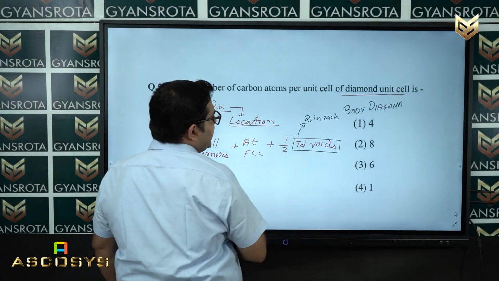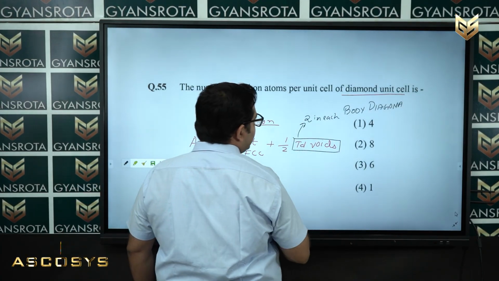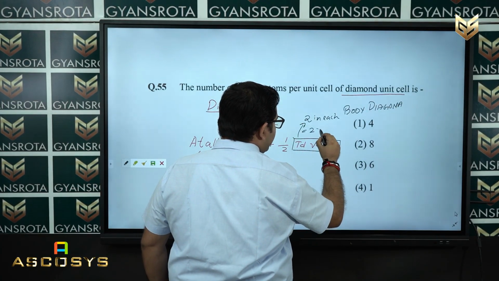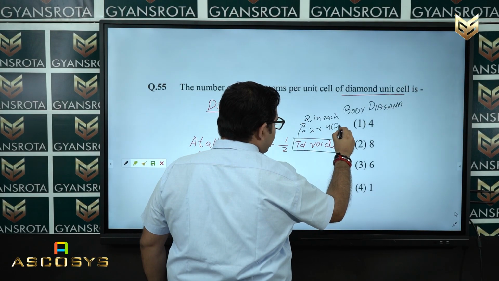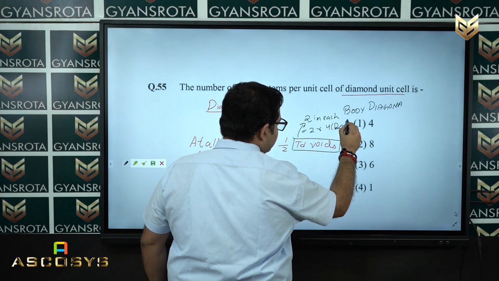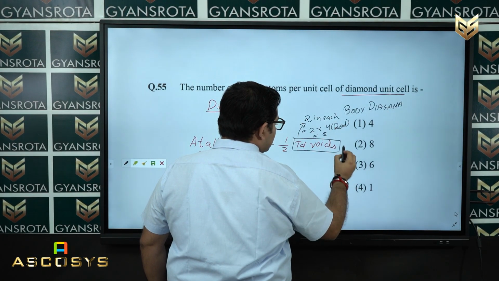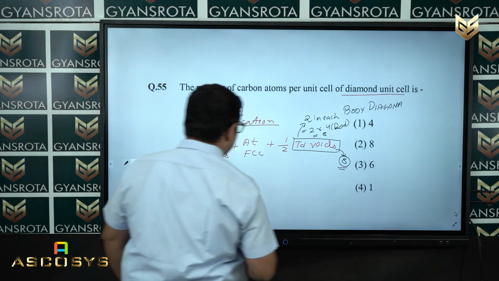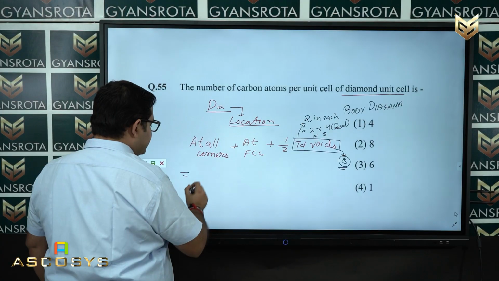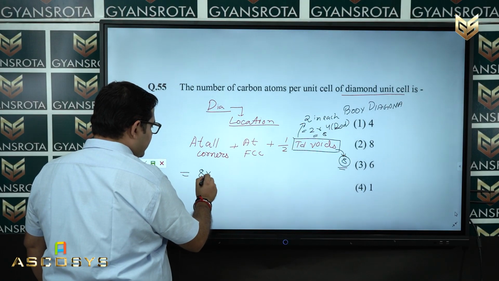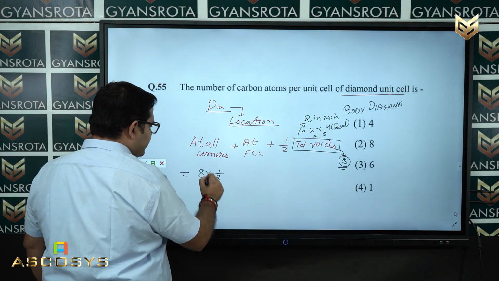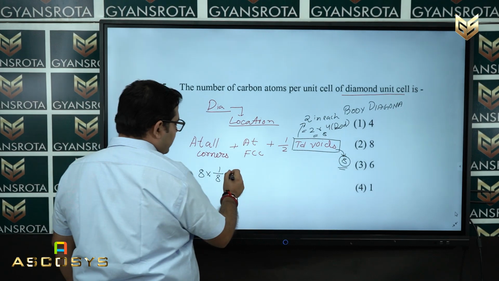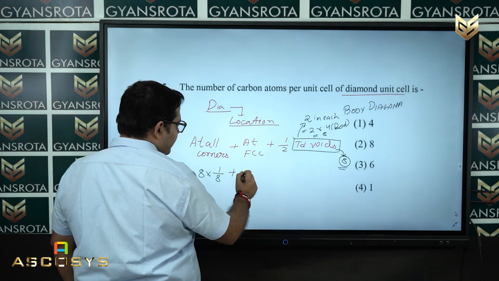So how many body diagonals are there? That is 4 body diagonals. So 2 into 4, these are body diagonals, so it will be 8. So the total tetrahedral voids are 8 in number. Now at all corners, it means 8 corners are there, 1 by 8, and how this 1 by 8 comes we have already discussed in the theoretical part.